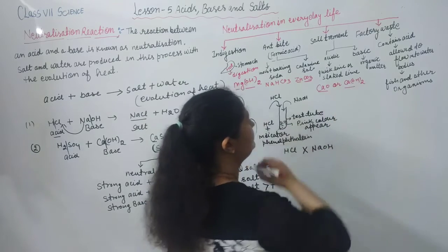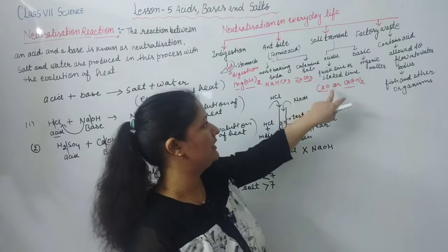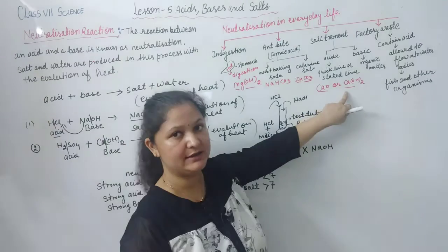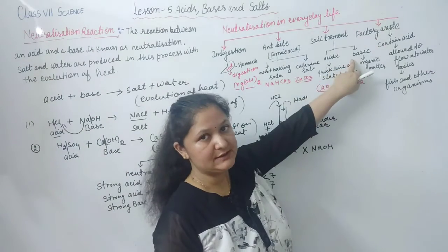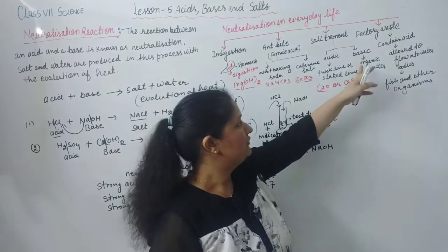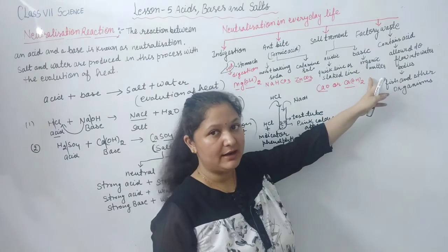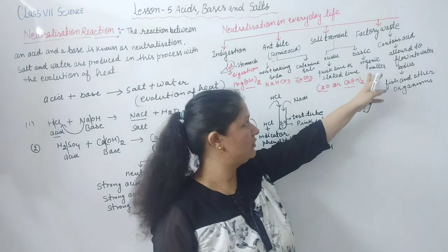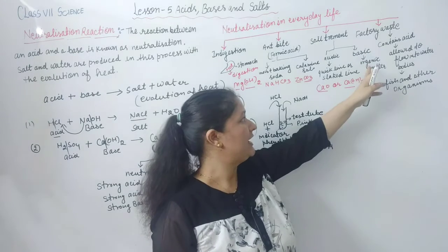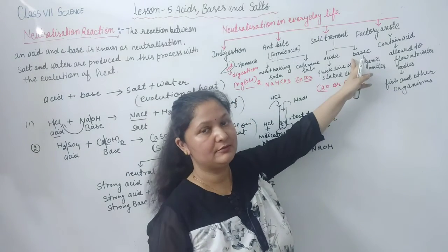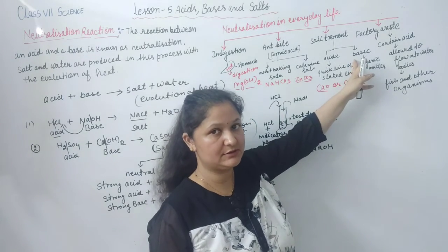So we can neutralize the acidic nature of the soil by quicklime or slaked lime, right? And if the soil is too much basic, then we should add some organic matter like manure in the soil, because this organic matter releases acid in the soil and neutralizes the effect of basic substances.